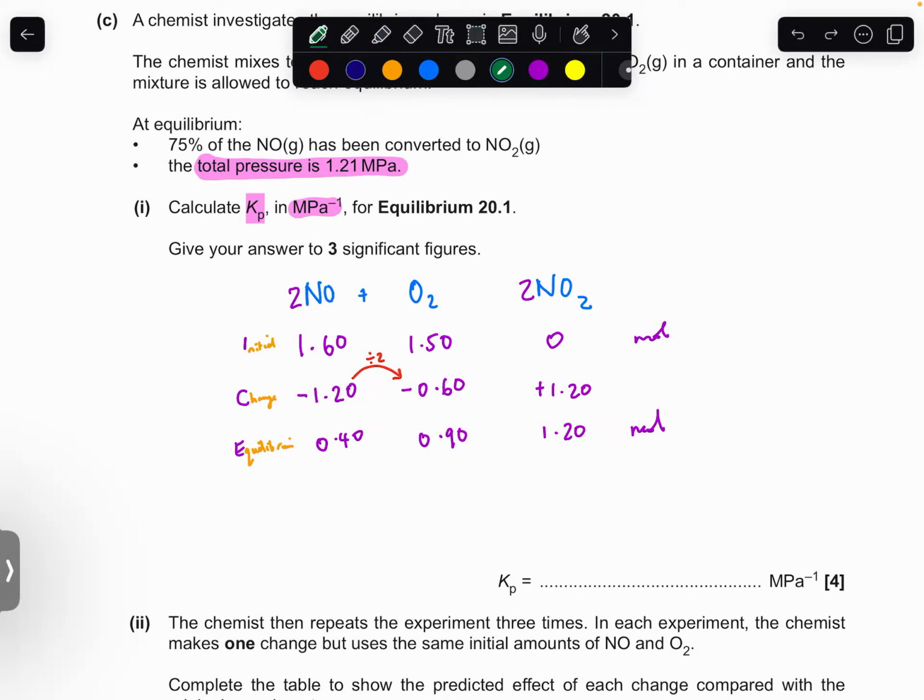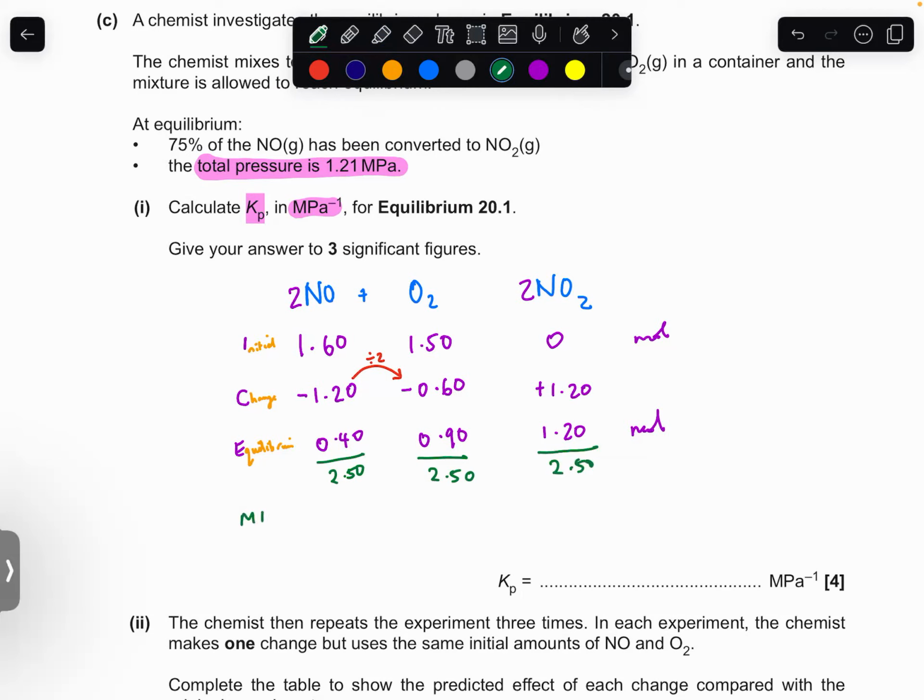This adds up to 2.50. Let's just double check that. 2.1, yep, 2.5. So 0.4, let's divide that by 2.5. Divide that by 2.5. Divide that by 2.5.